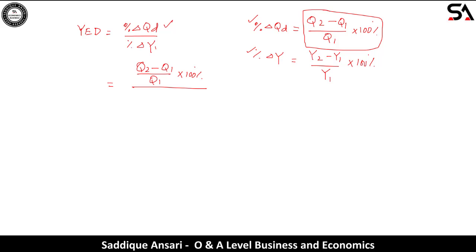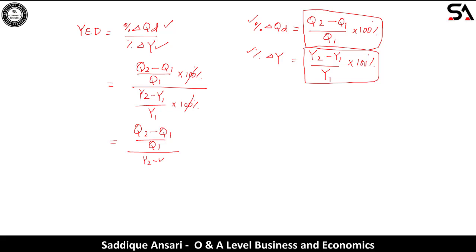And for percentage change in income, we'll put this value: Y2 minus Y1 divided by Y1 multiplied by 100%. So this will be cancelled. The remaining value is (Q2 minus Q1 divided by Q1) over (Y2 minus Y1 divided by Y1).